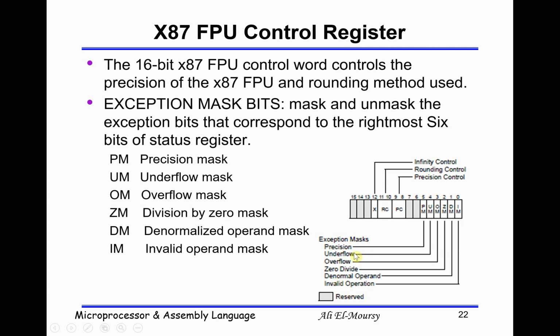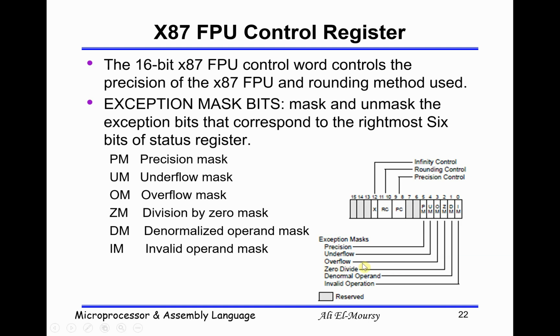The purpose of configuring the exception masks is to indicate whether the programmer needs the exception to cause some routine to be executed or not. Like what? If you have an overflow, you may want to print some message to the end user that there is an overflow for the floating point.